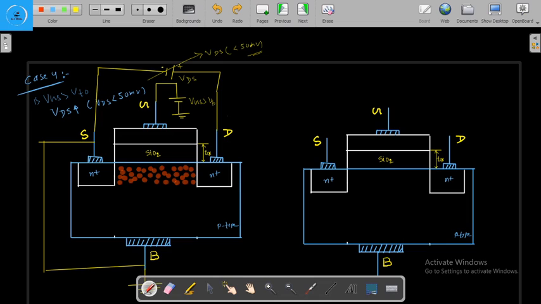The electrons present in the channel will feel the electric field, and they will start moving toward this, like this.